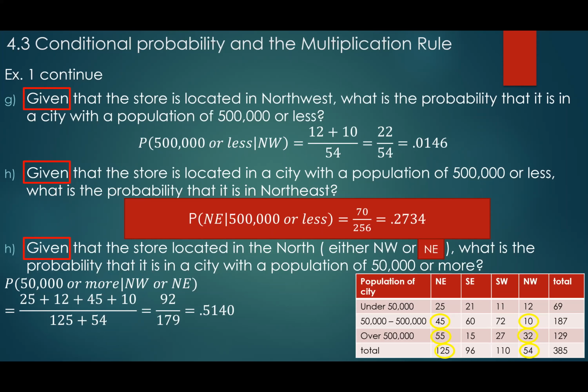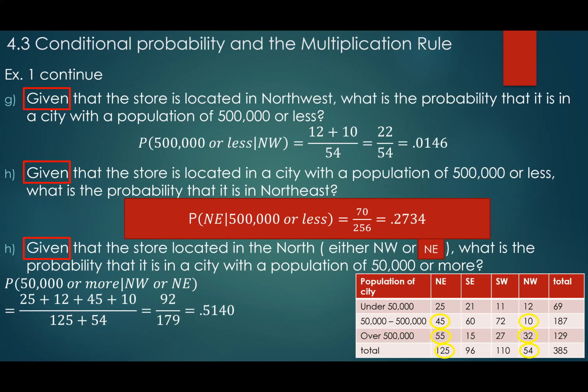I think on your homework on Connect Math, they asked for 4 decimals. So the answer for H here is wrong. I think originally I put 500 or less, and then I thought, oh, let me do it or more, and then I forgot to change it. But everybody see the answer is 0.7933.